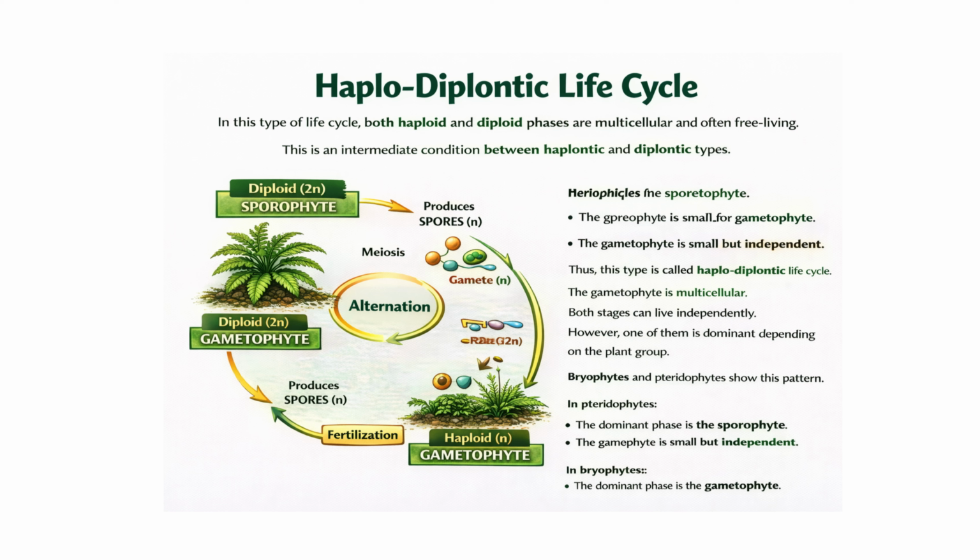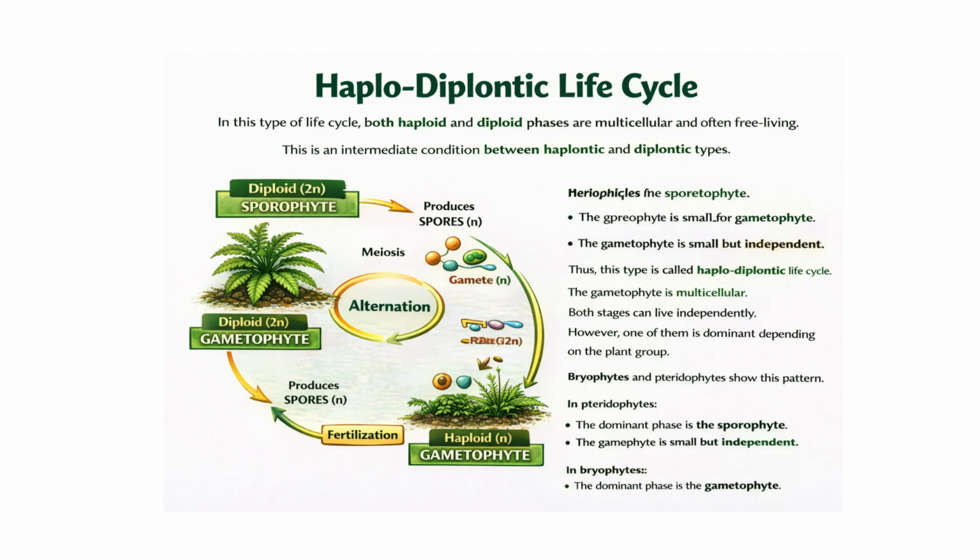Now let us understand the haplodiplontic life cycle. In this type of life cycle, both haploid and diploid phases are multicellular and often free-living. This is an intermediate condition between haplontic and diplontic states. Here, the gametophyte is multicellular, and the sporophyte is also multicellular. Both stages can live independently.